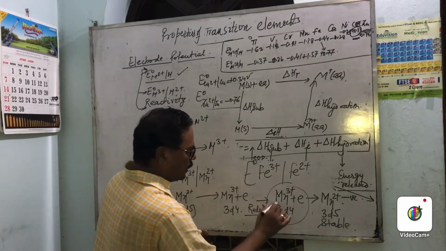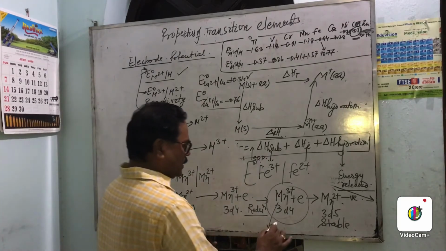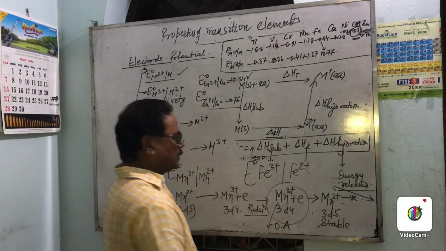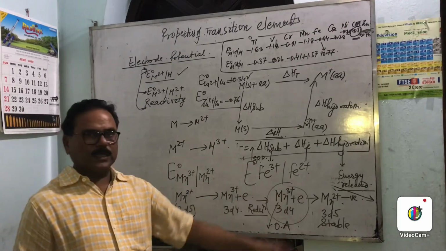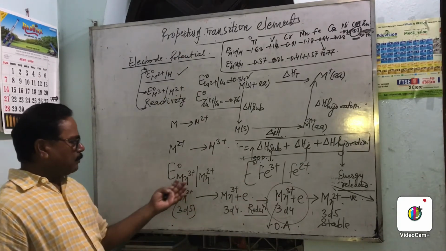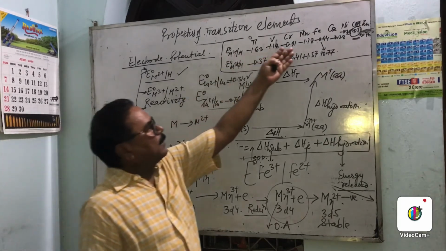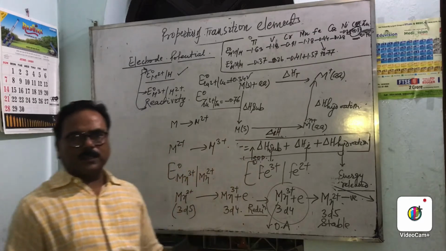So this Mn3+ will act as an oxidizing agent. This Mn3+ will act as an oxidizing agent. So the question asks, out of these two couples, why Mn3+ will have the higher value of the reduction potential.